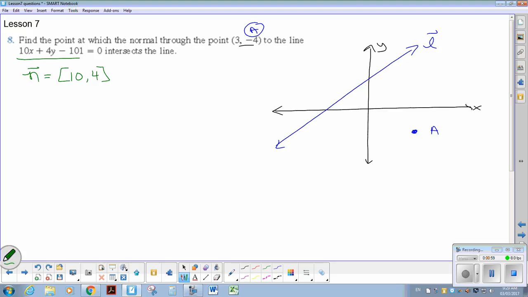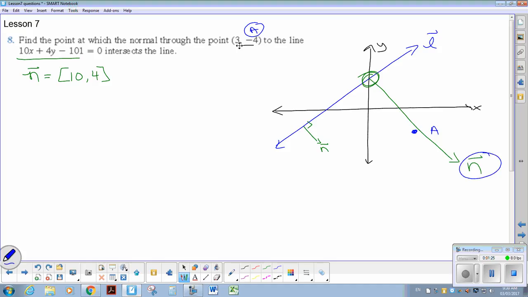We know the normal is perpendicular to the given line. We want to find the normal passing through that point, so I'm going to extend that normal over here. So it's going to go through point A, and we want to find the point of intersection. What that means is we need to find the equation of this new line.